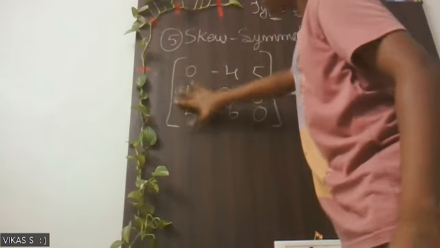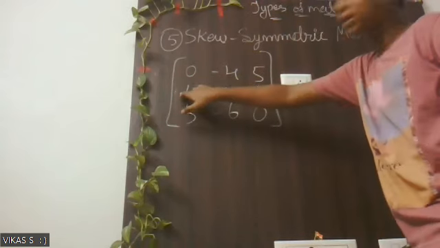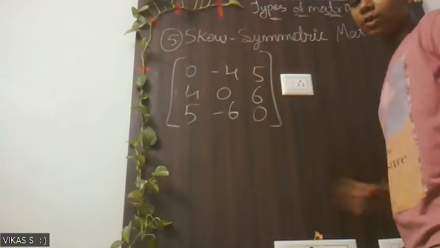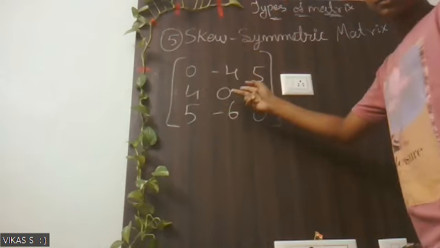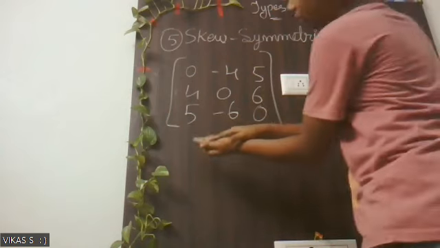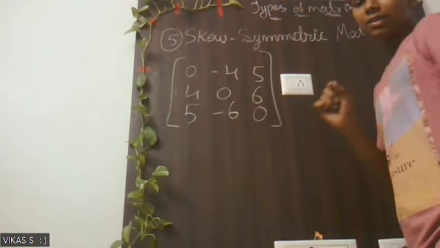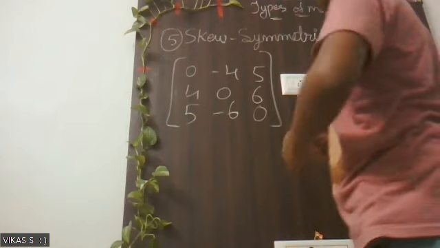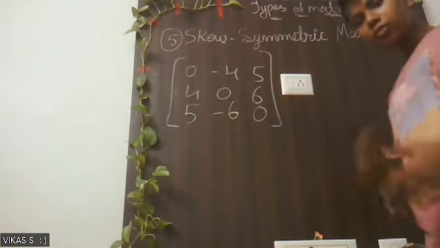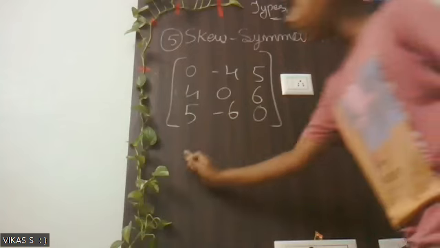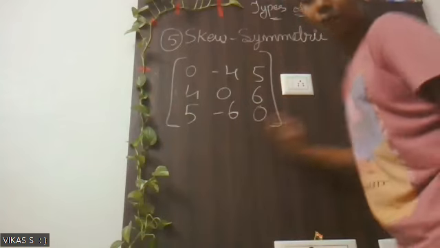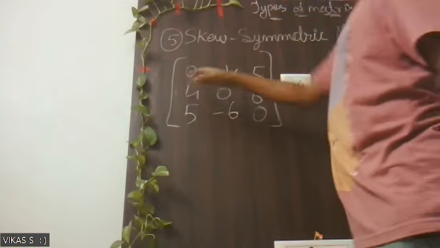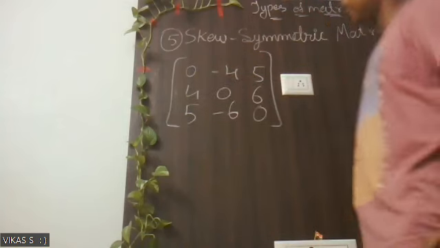But here one is +4 and one is -4. So these two are different, right? If they fall on each other, the signs are totally different, right?